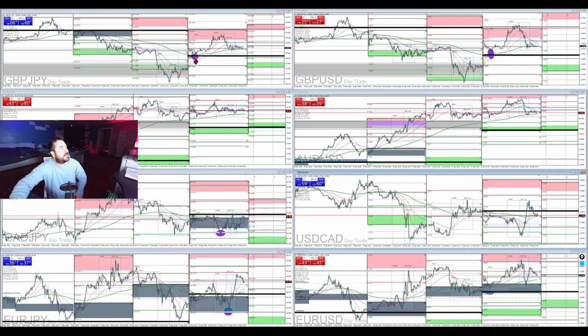Yeah, we do have the trade set up for the pound yen and the pound dollar. Nothing on the yens, nothing on the Aussie yen and the Aussie US dollar. Yep, a couple of nice setups for the euros. It's 1:32 p.m.